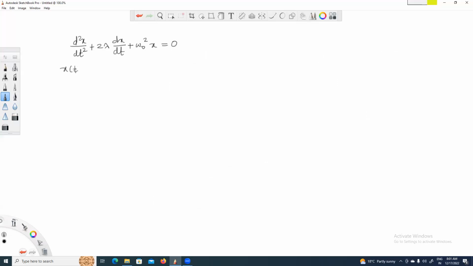Let's not go into the details of solving ordinary differential equations; for the sake of understanding how to get the solution, I'm just brushing up on it, but it's a separate topic. Let us assume the displacement has the form A e raised to alpha t.